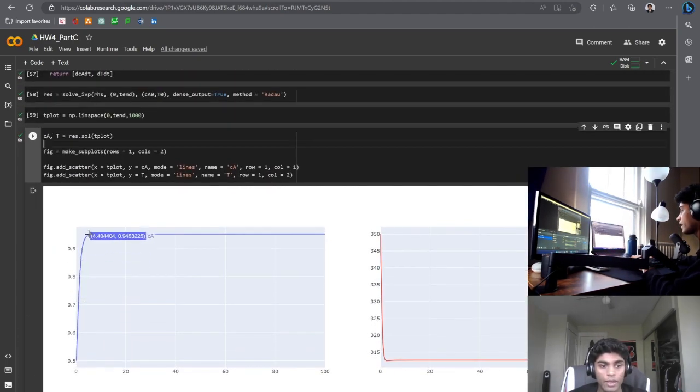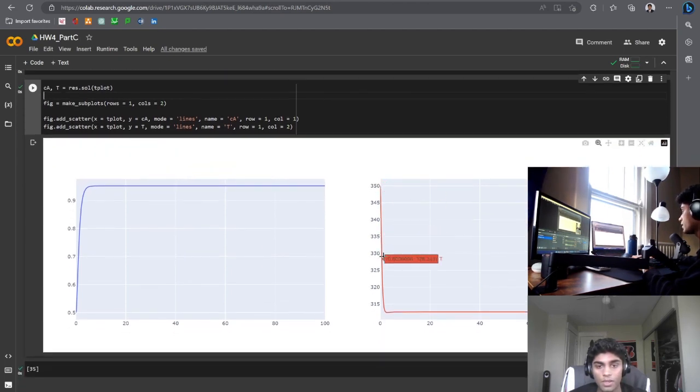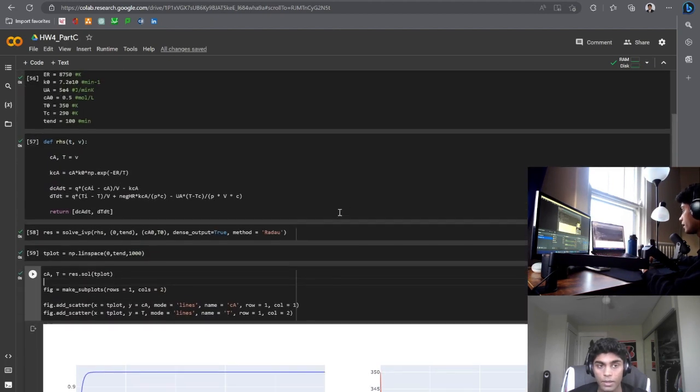And so the reaction might not go to completion just because there's a lack of heat. We see the same thing on this side. We're starting here and we level out at this 310 Kelvin range, which also makes sense because this is an exothermic reaction. So it's not quite going to hit the temperature of the coolant, but it'll get pretty close.